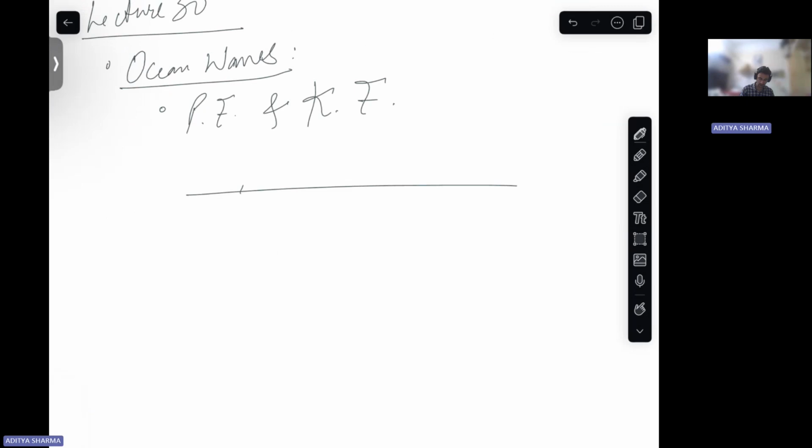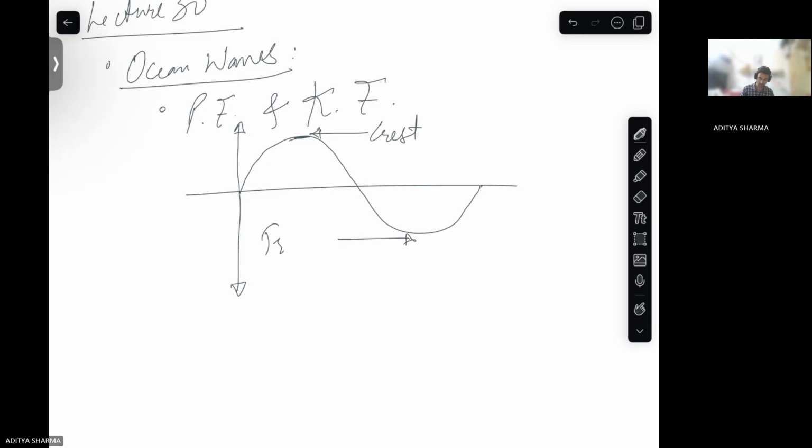So wave motion is this motion. When the surface water gets lifted up because of wave, this is your crest, this is your trough.